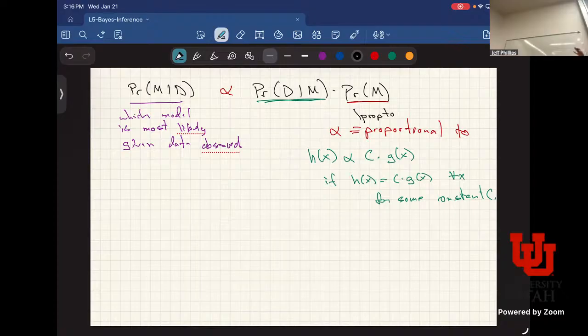That's the powerful thing about the proportionality symbol: that constant gets brushed under the rug. And this is useful because we just want to find the argument which maximizes that function, the argmax, and I don't care about this constant in the argmax.